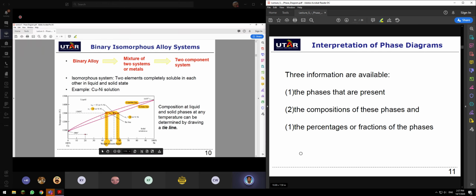Yes, here you have 58 weight percentage of alpha solid and 45 weight percentage of nickel, which is in liquid. The composition of it.